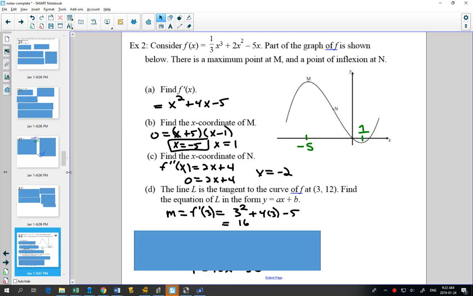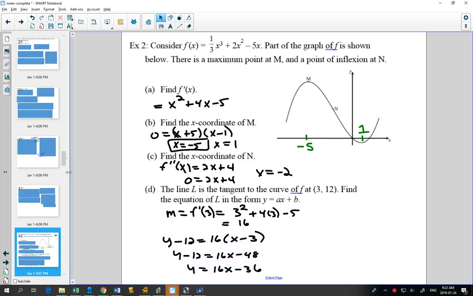So way back in grade 10, you learned that the two important things you need to find an equation of a line are slope and a point. We now have the slope. The point was given to us in the equation. So we can plug it into the point slope form or into y equals mx plus b, rearrange, and get y is equal to 16x minus 36.